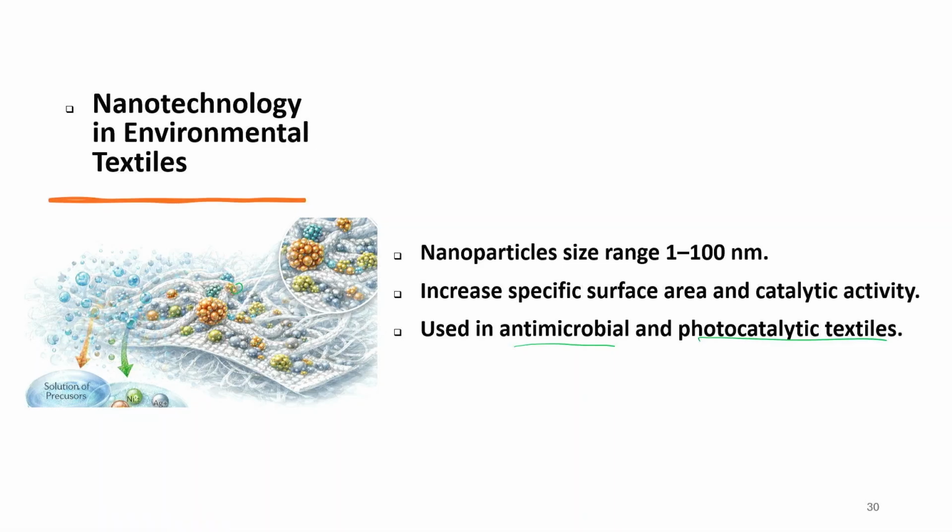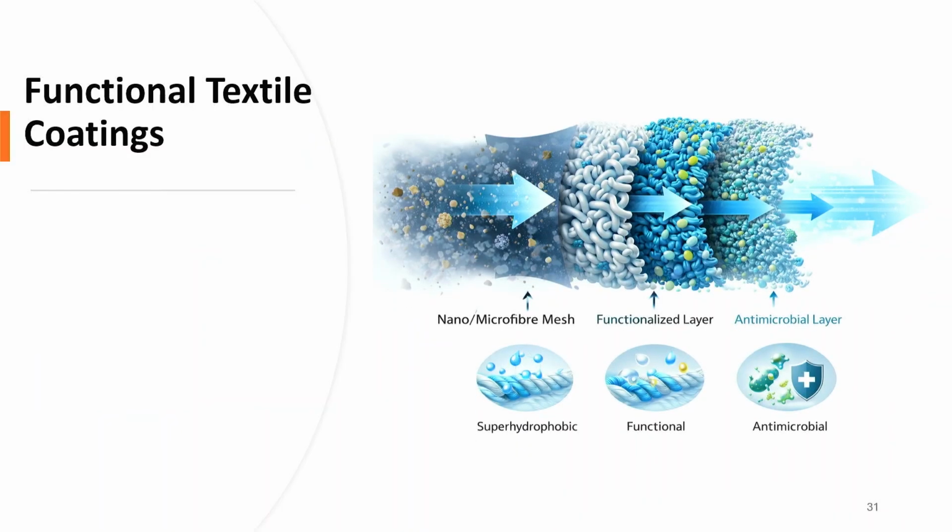So, it enhances the antimicrobial activity. It also enhances the adsorption of pollution. So, pollutants get adsorbed on the surface of a fiber which is treated with nanomaterial, nanoparticles. And there are different types of functional coatings, like super hydrophobic treatment and antimicrobial treatment.